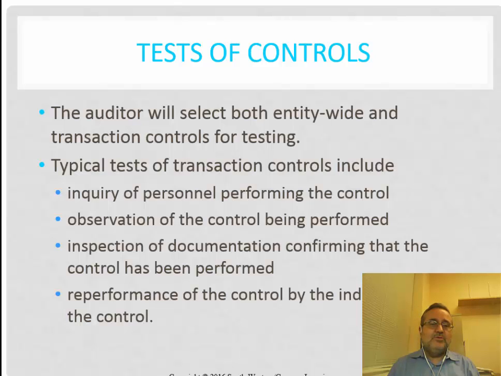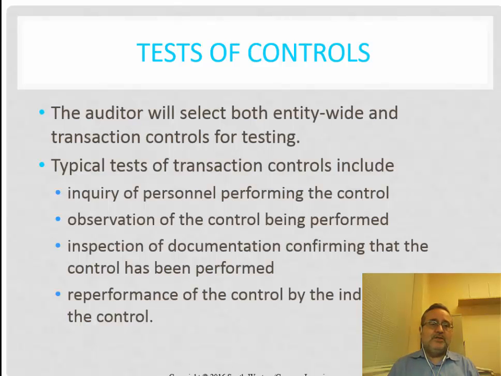The next thing that we want to focus on is our test of transactions. So again, as we are looking at the risk of material misstatement from the control perspective, we're looking at it from a process or a transactional perspective. So a sales transaction. Now a sales account balance is going to be part of our substantive procedures, but from a transactional perspective, we're looking at it from a control perspective.